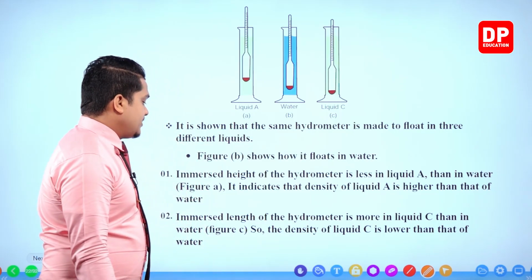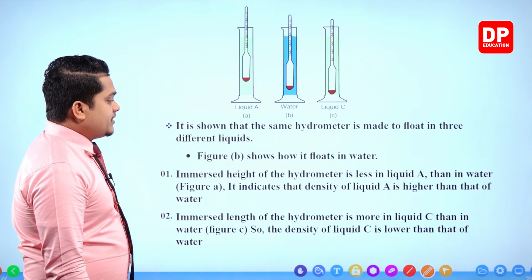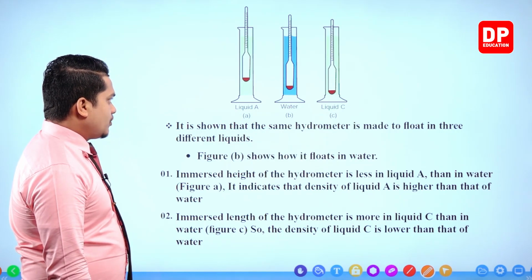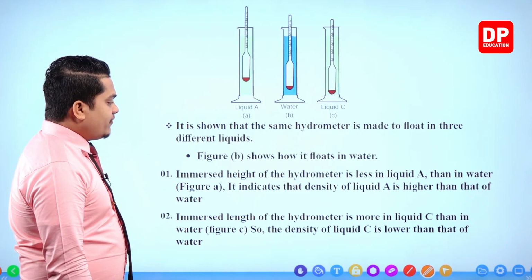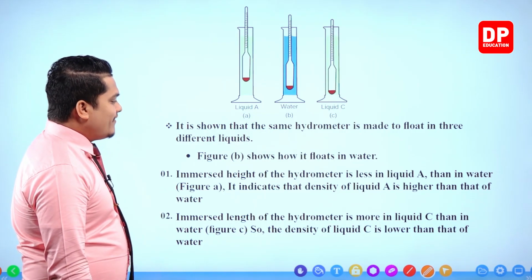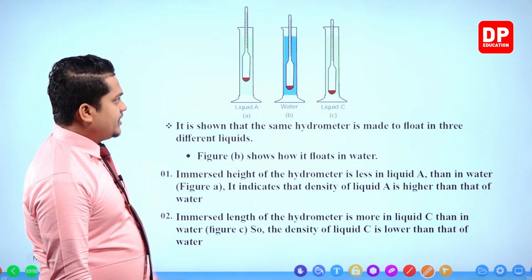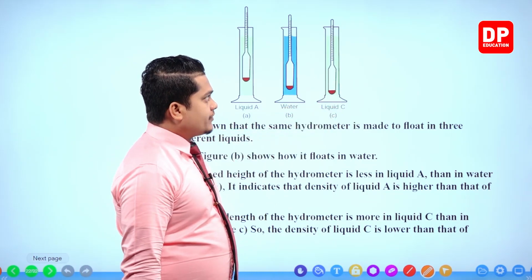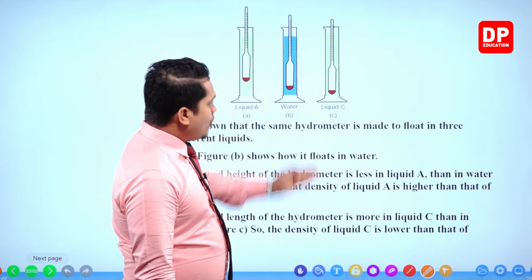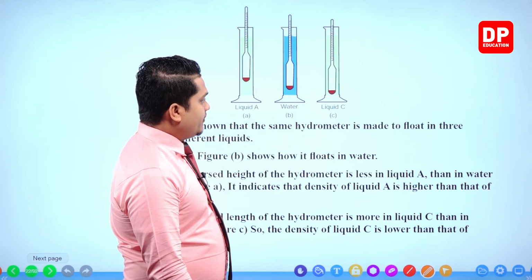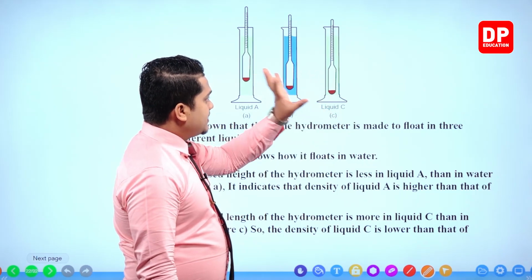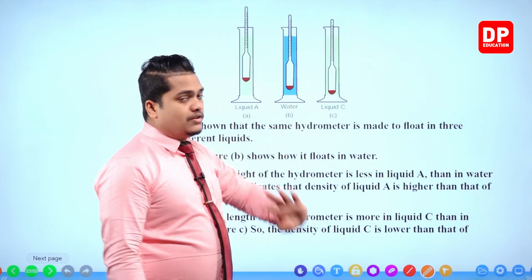Then the second point, immersed length of the hydrometer is more in liquid C than in water, right? So the density of liquid C is lower than that of water. So here the density is lower than the water, my dear children, because more part has sunk within liquid C. When you compare it with water, the part which has sunk is even greater than in water.